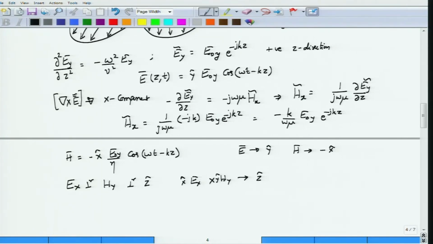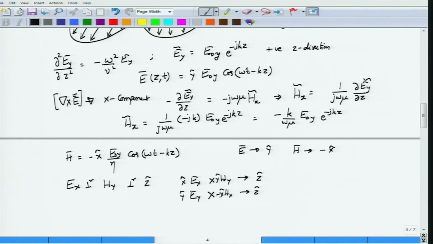Based on this, it's very easy to see that if E is along y direction, so you have y cross, sorry, Ey, right. So the cross product must point in the plus z direction. What should that be? That should be minus x, right, because if you just have plus x, then it would be y cross x and that would be along minus z, but what you want is a plus z wave propagating.